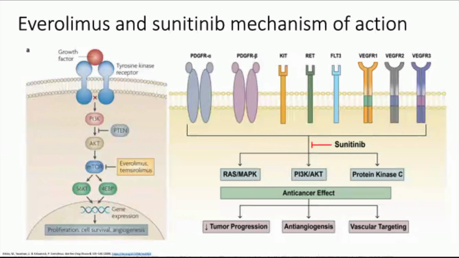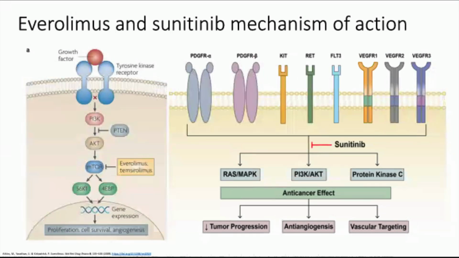Before we talk about the ESPN trial results, I do want to go over the mechanism of action of these drugs. So as you can see on the left-hand side, everolimus is a selective mTOR inhibitor that binds to the intracellular protein FKBP12, and it forms complexes that inhibit the activity of the mTORC1 complex.